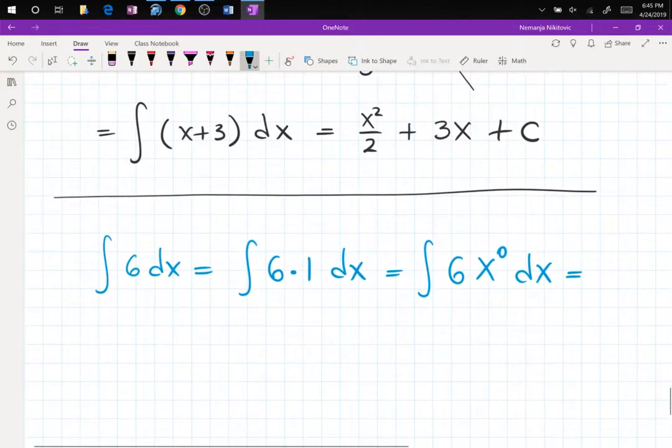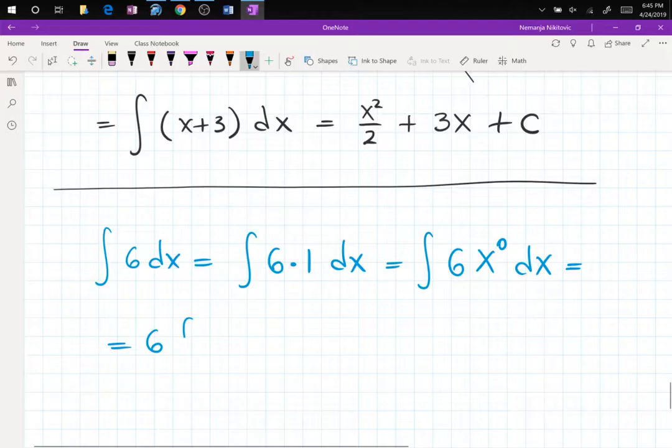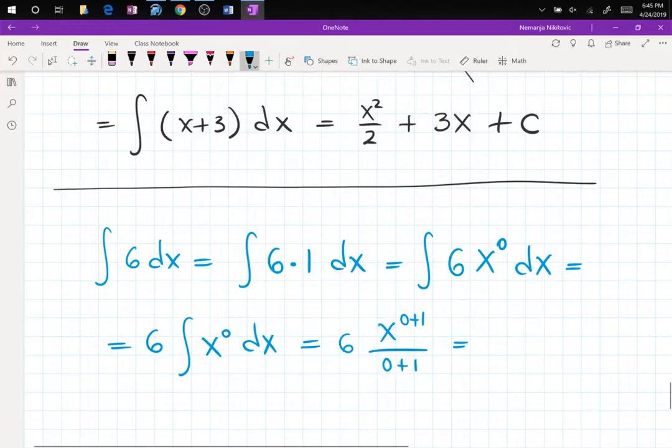Now, by the rule we covered earlier, kick 6 outside and integrate x to the 0 dx. You know the rule, add 1, right? So 6x to the 0 plus 1 divided by 0 plus 1, which is 6x to the first power over 1 plus c, which is just 6x plus c.